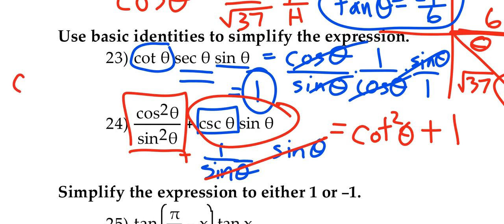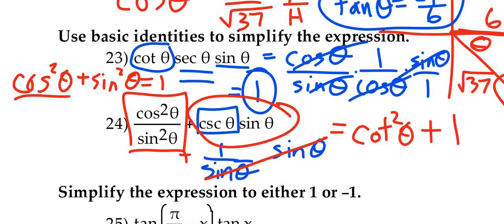Yeah, it's one of the cousins, isn't it? Like, so we got, wow, I can't write. Cosine squared theta plus sine squared theta equals 1. Sorry, I'm squeezing this in here, but if you want cotangent, then you better divide this by sine squared.